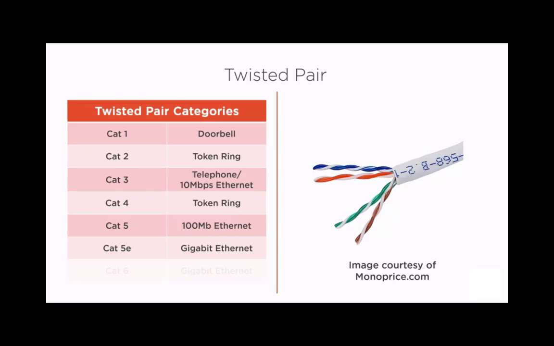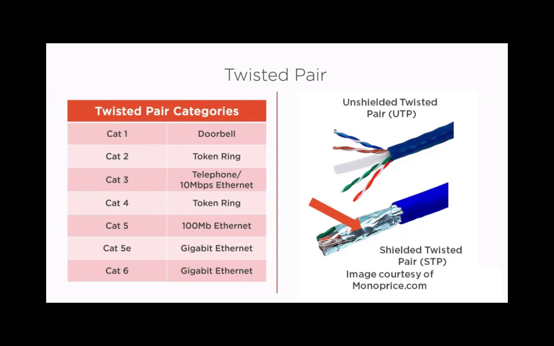The fifth one is Cat 5, which is about 100 Mbps Ethernet. It is used, but I think it is also obsolete because nowadays nobody uses Cat 5 Ethernet. After that we have Cat 5e Gigabit Ethernet. This is still used in networking and data communication.